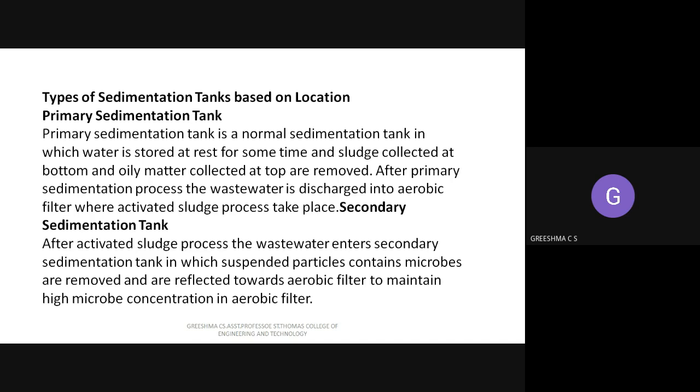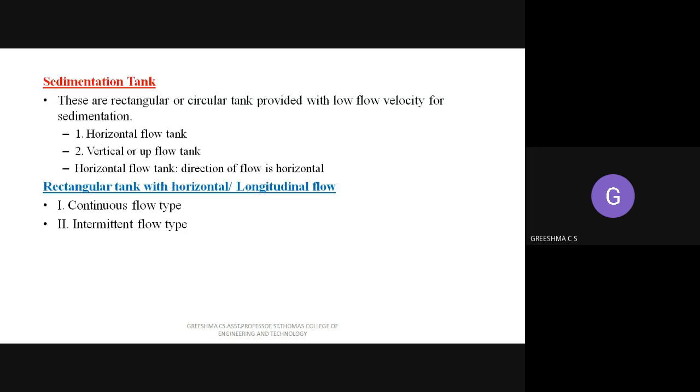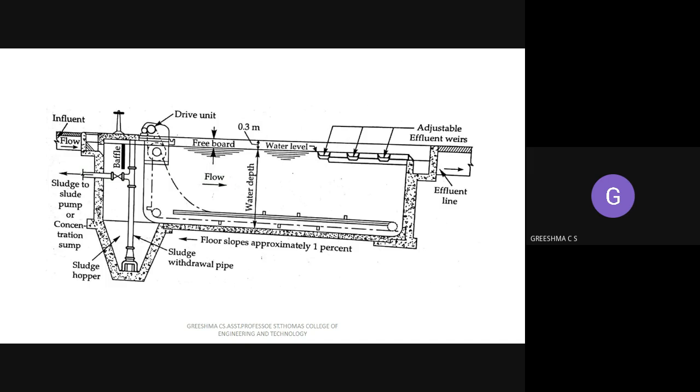In wastewater there will be a lot of organic matter, microbial activities and so on. After the primary sedimentation, water will be collected in the secondary sedimentation tank, and the microbial activity of this water will be reduced. The pathogens in the water will be treated, or they will be removed. So that is the secondary sedimentation tank. So that's about the different types of sedimentation tank.